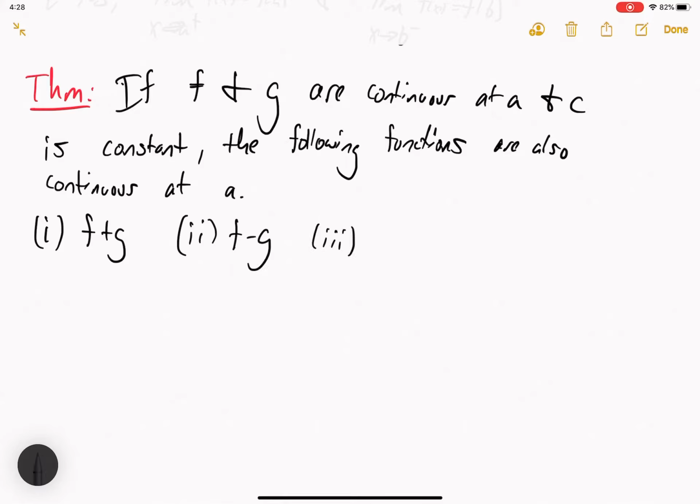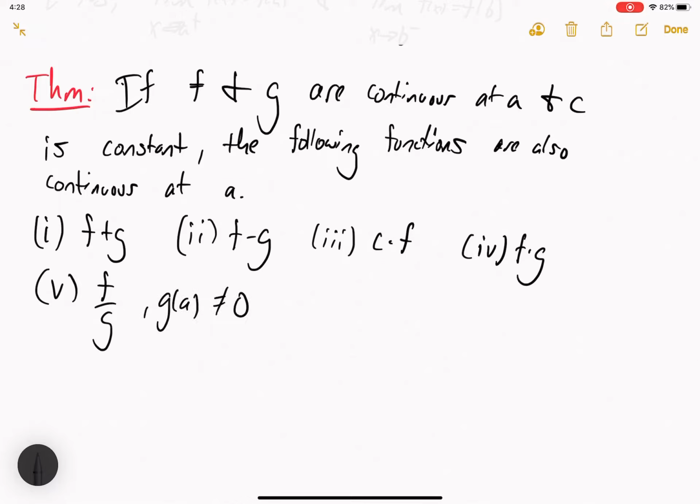It's going to be c times f. F times g. And then our last one's going to be f divided by g, but when g of a is not equal to 0.